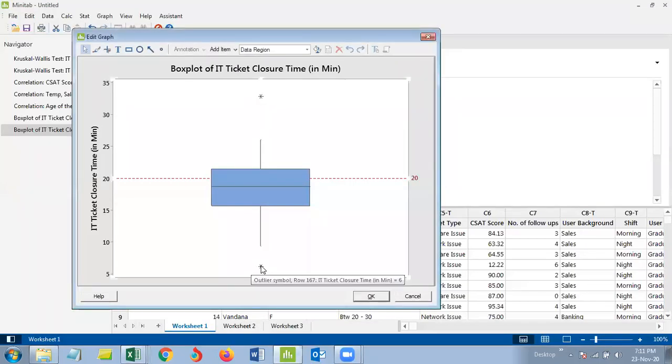Whereas this is showing a lowest time of 6 minutes and a highest time of 33 minutes. So box plot has automatically identified that these are exceptionally high or exceptionally low values. That cannot be mixed with the data. You need to study them separately. So box plot has this additional capability to understand an exceptional outlier value, and that's why it has thrown these values out of the data to be studied separately.